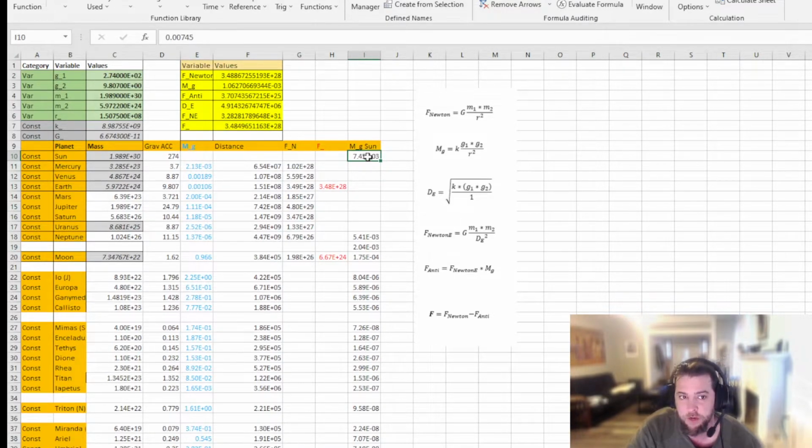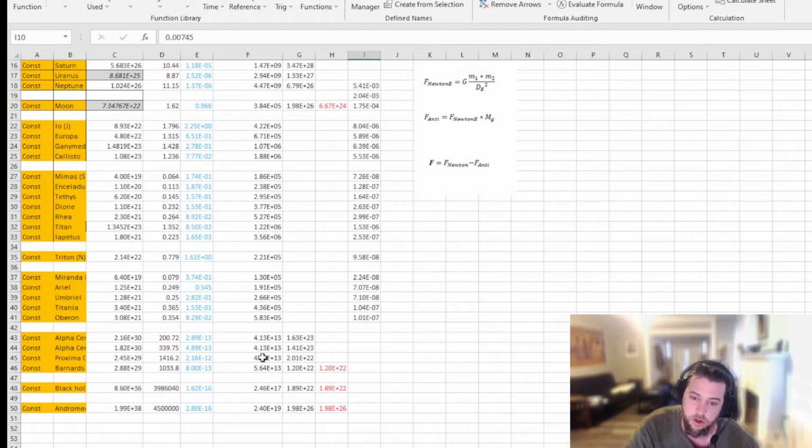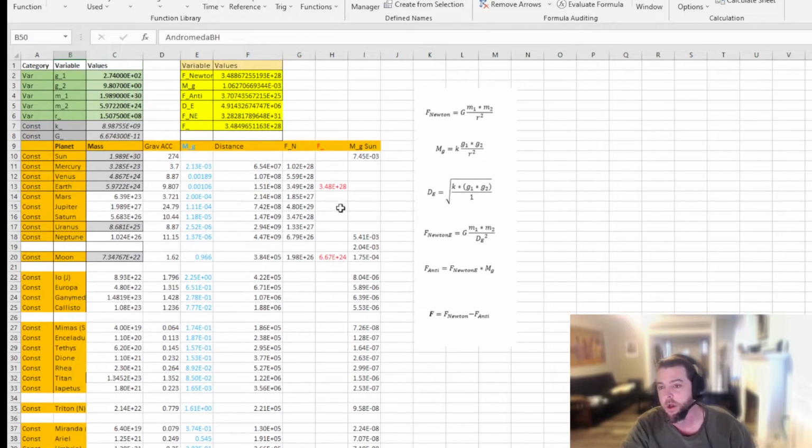This is adding up all of the planets. This is adding up all the moons. This is adding up not all, but just the closest stars near us, and maybe even our galactic black hole center and Andromeda's as well.